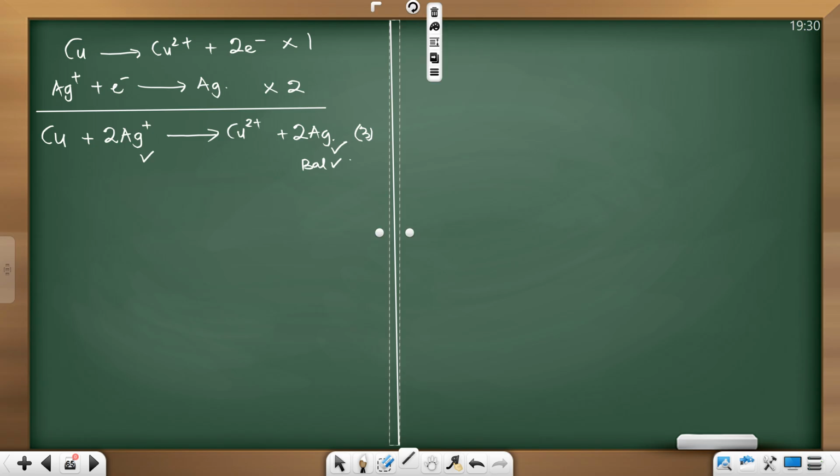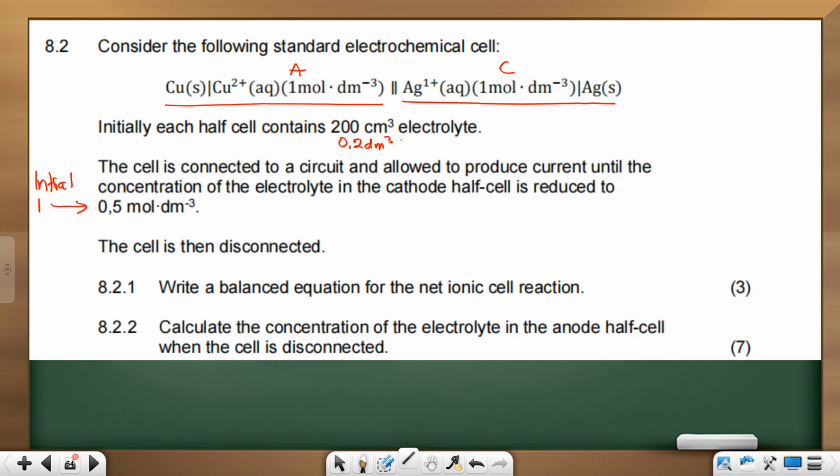Okay, let's hit that 7 marks and see what the examiner is all about. Calculate the concentration of the electrolyte in the anode half cell when the cell is disconnected. Where do we start from? We are looking for the copper half cell. Let's think together. We do know the one in there.